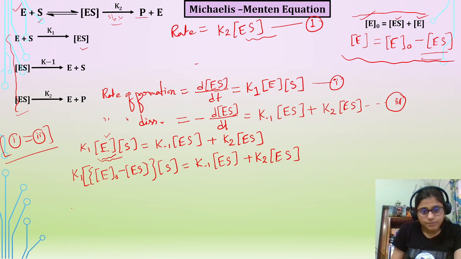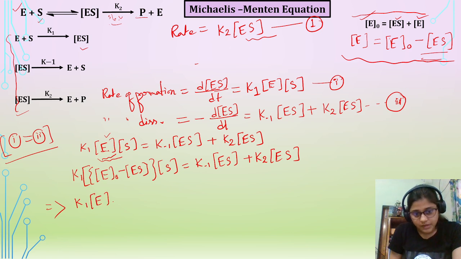Fine. Now the ES term we have to keep on one side. So it will be K1 into E0 minus K1 into ES multiplied by S. Just multiply it, here is also S. Will be equal to, again the same thing.